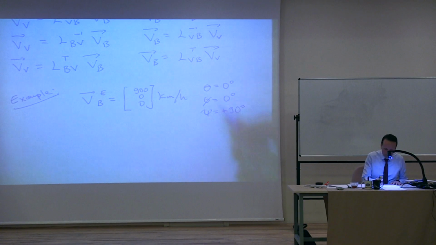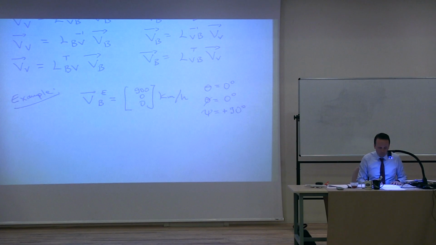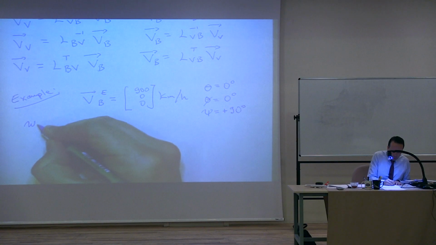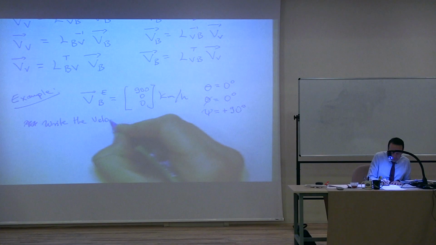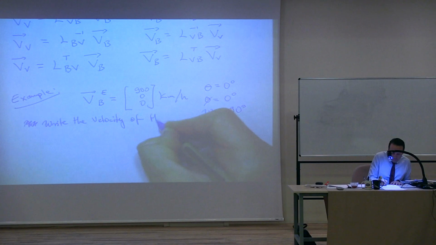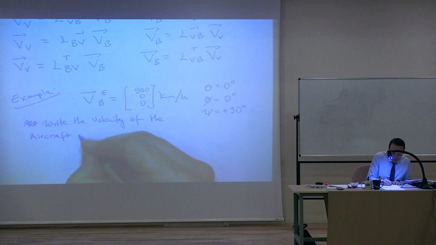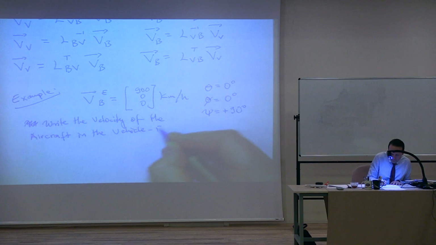Here's the request. Write the velocity vector of the aircraft in the vehicle fixed coordinate system.